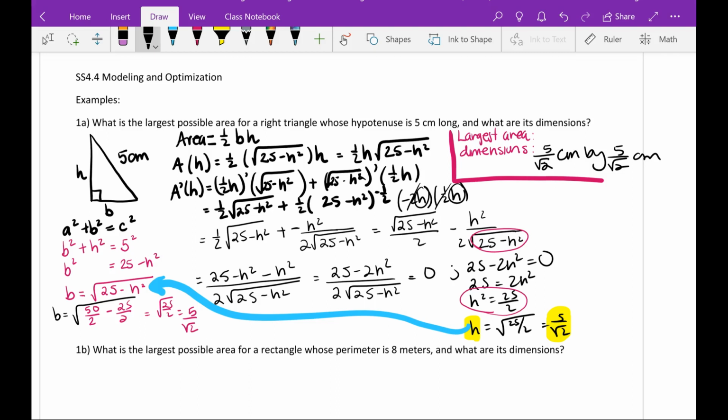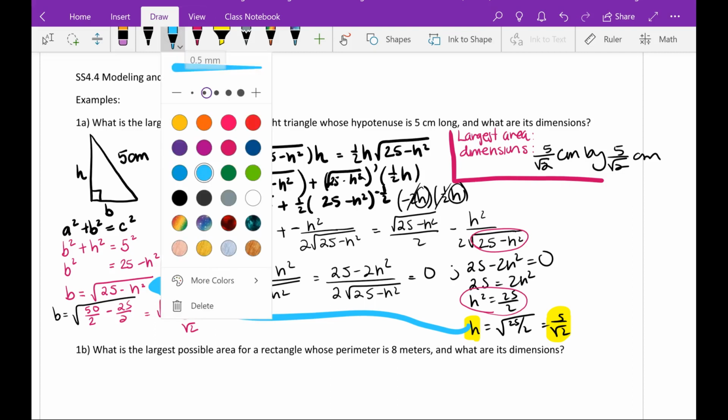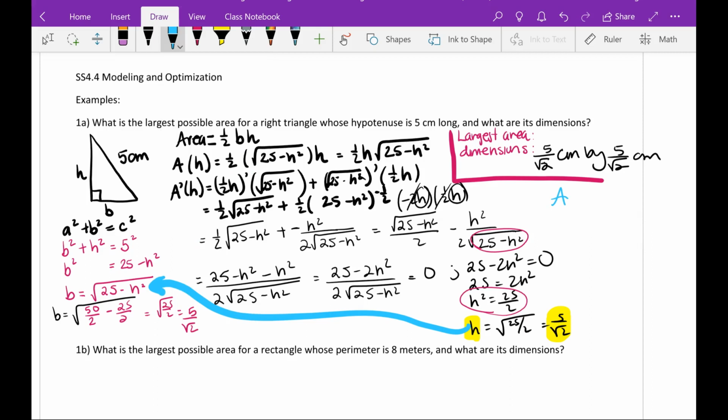Then I just have to plug it back into my area formula. Oh my gosh, that is some fat tip right there. All right, so area is now 1/2 times 5 divided by rad 2 times 5 divided by rad 2, which is 25 over 4.